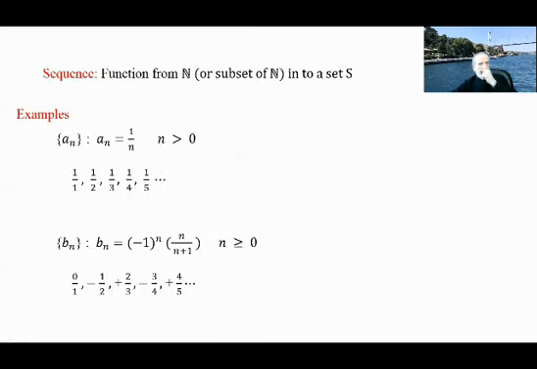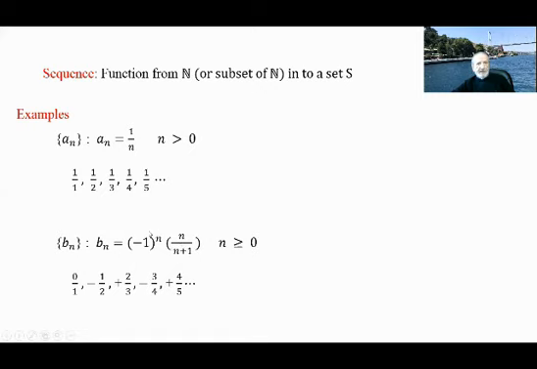Sequence. A sequence is a function from N or a subset of N into a set S. Here are some examples. a_n is equal to 1 over n, for n greater than 0. You get these terms: 1 over 1, 1/2, 1/3, 1/4, 1/5, etc. Here's another example. b_n is (-1) to the power n over n plus 1.